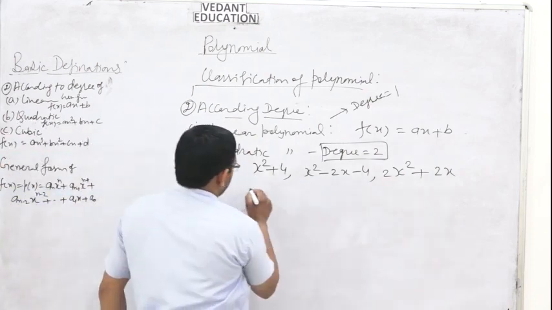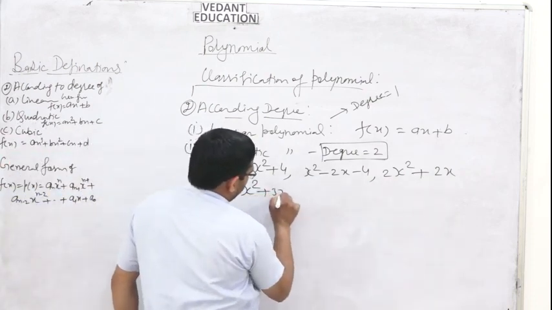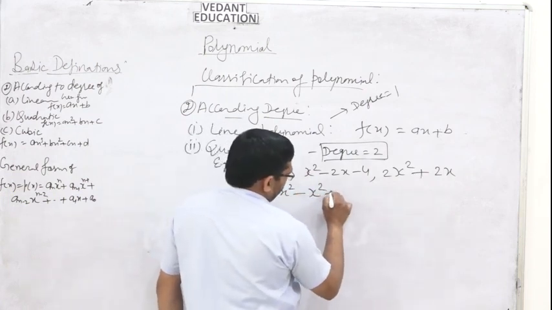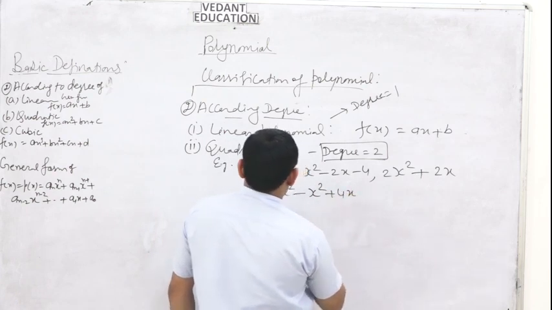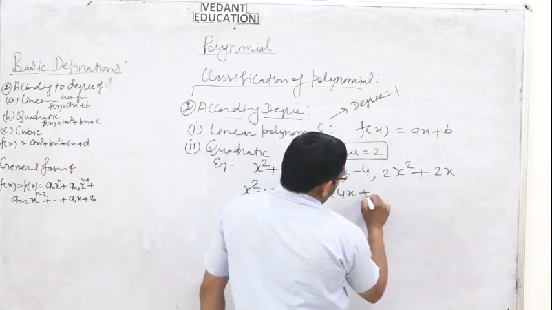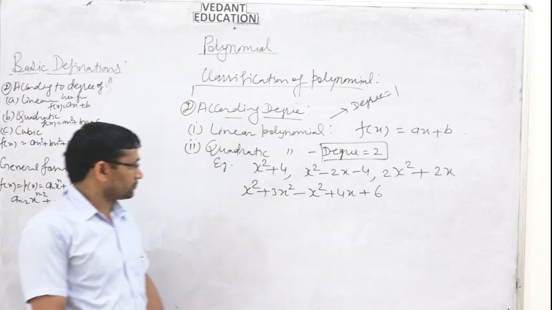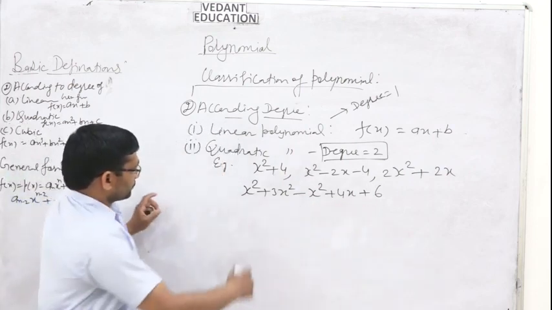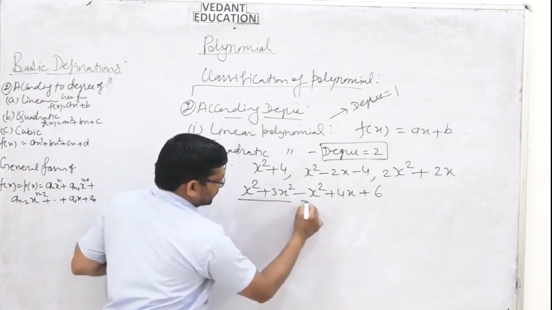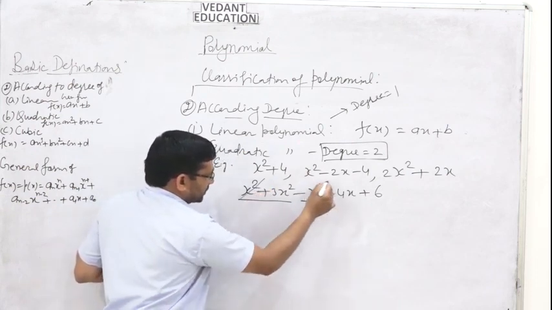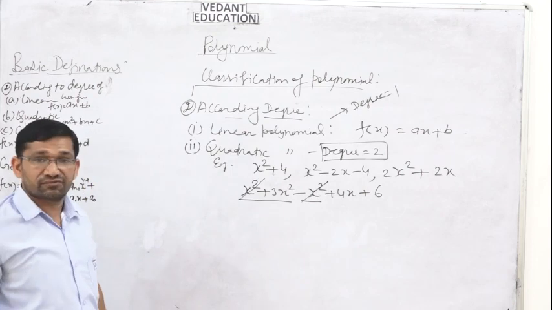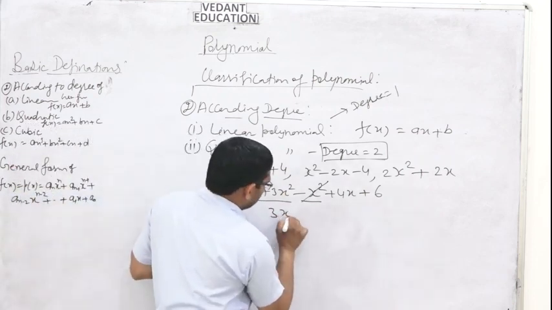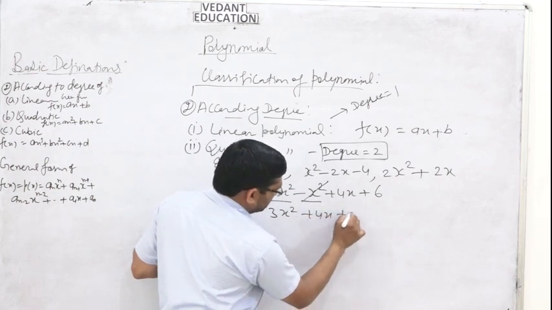Suppose if I write x square plus 3x square minus x square plus 4x plus 6. But x square plus 3x square minus x square, it means x square is cancelled by minus x square. This result we can also write as 3x square plus 4x plus 6.